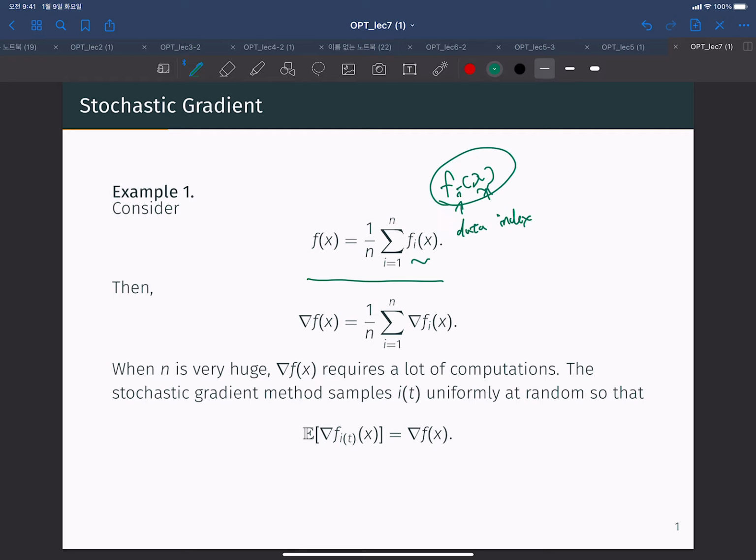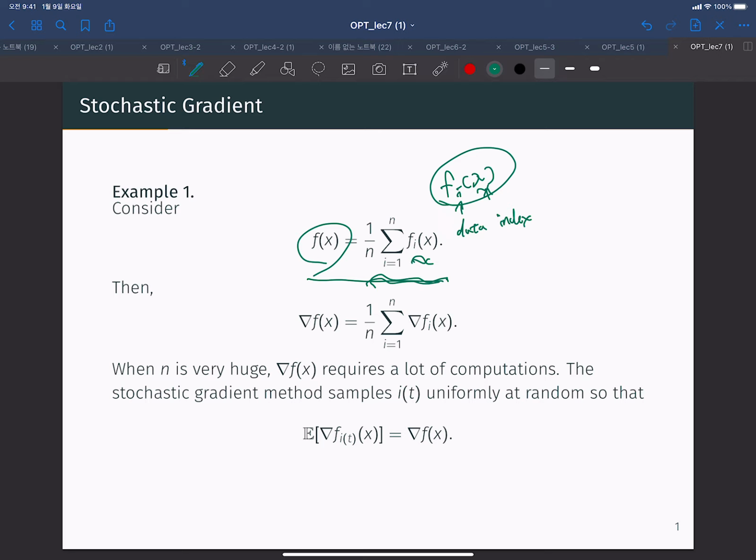So to optimize the loss function for your entire data set, you have to optimize this objective function, which is basically the empirical average of your loss function for each data point.